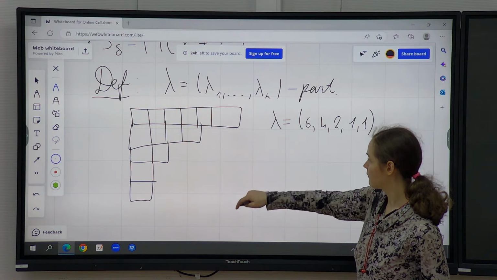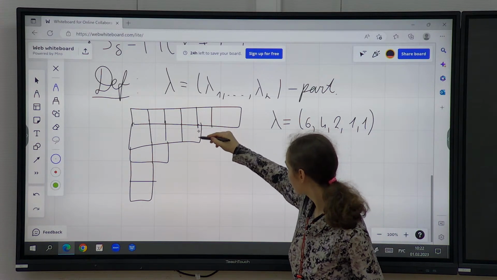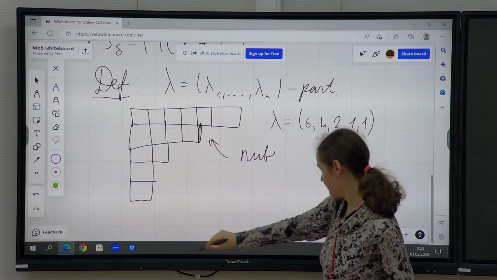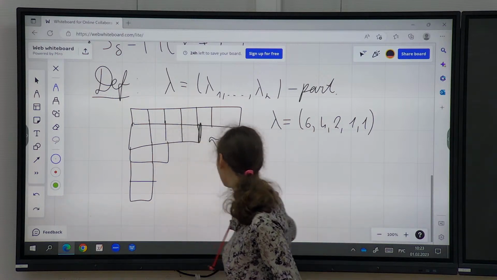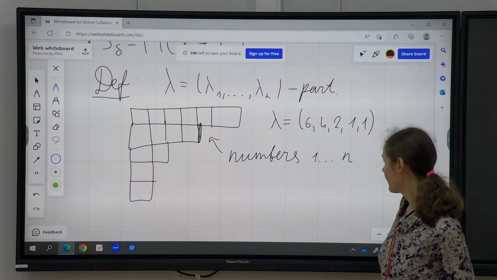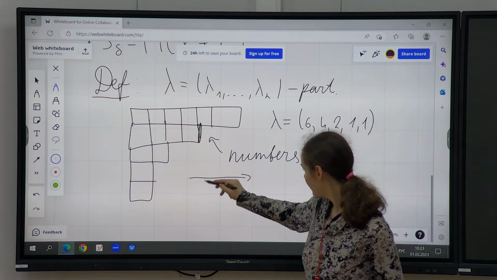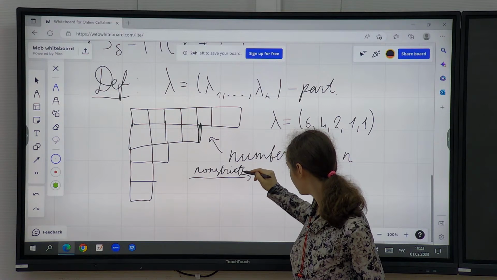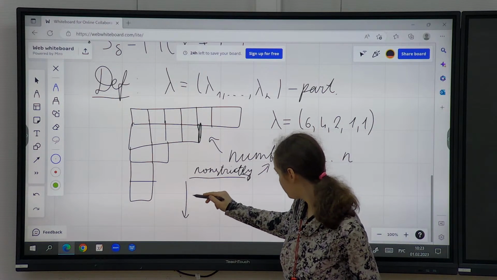And then we fill the boxes of this diagram with numbers from 1 to n, in such a way that they non-strictly increase from left to right, and they strictly increase from top to bottom.